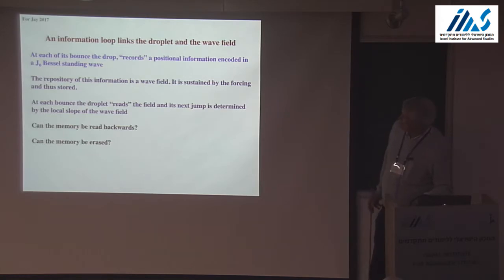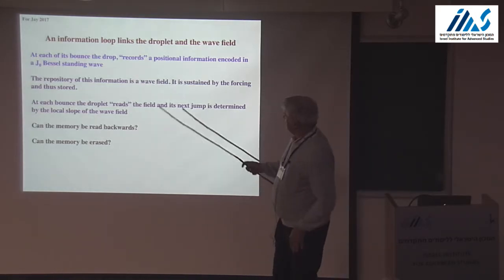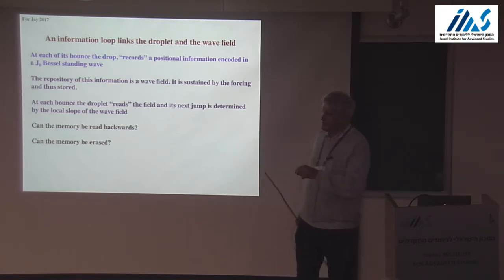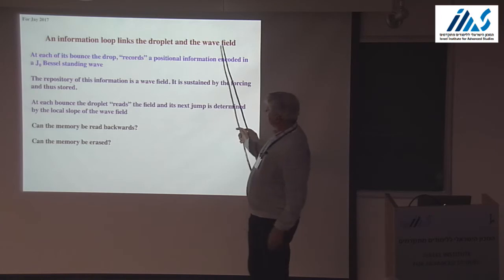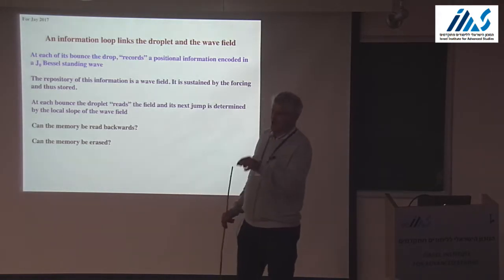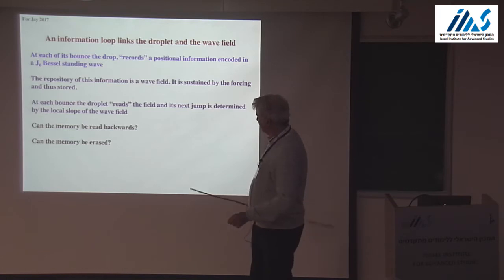Okay. So you can see the system as a memory system. It is a strange system where you have an information loop that links the droplet and its wave field. At each collision, the drop writes information on the bath by creating a Bessel function.